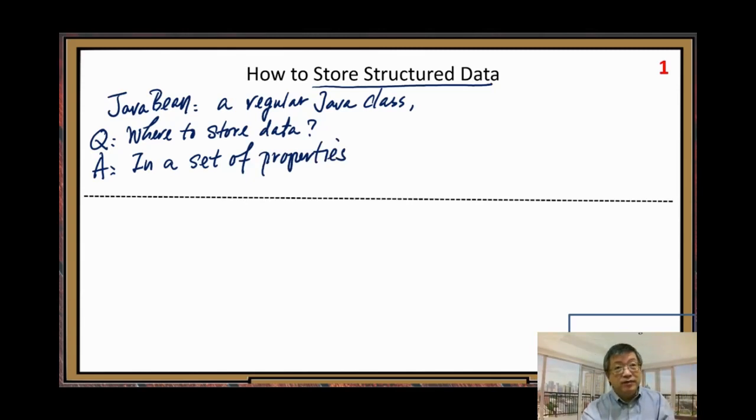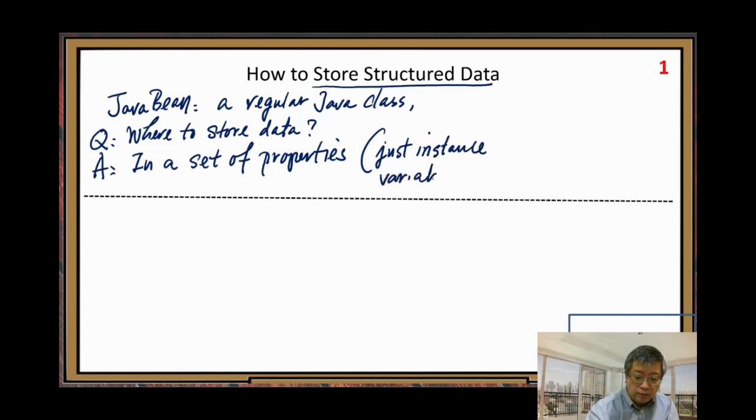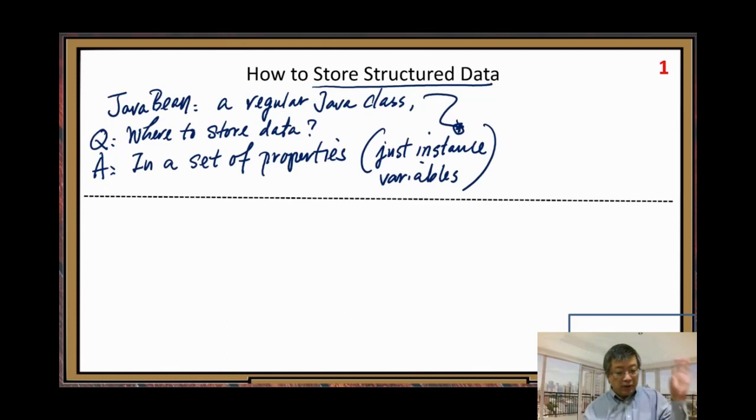Not something fancy. Properties are just instance variables. For each Java class, we can define a certain number of instance variables. But when we use JavaBean, we want to call those instance variables by a special terminology, properties.